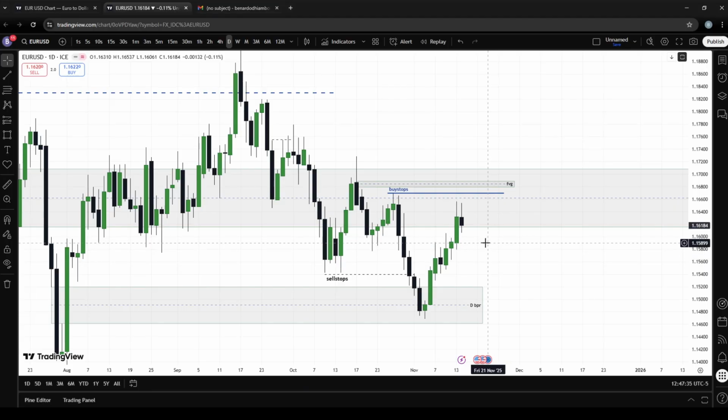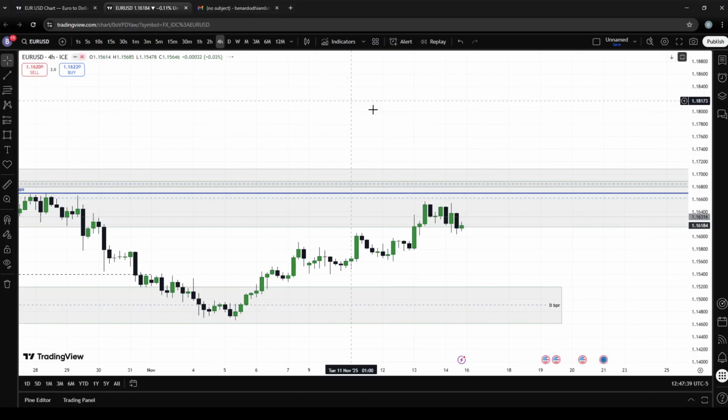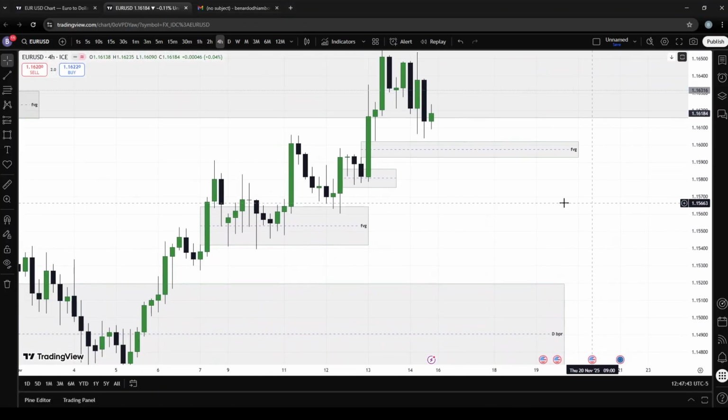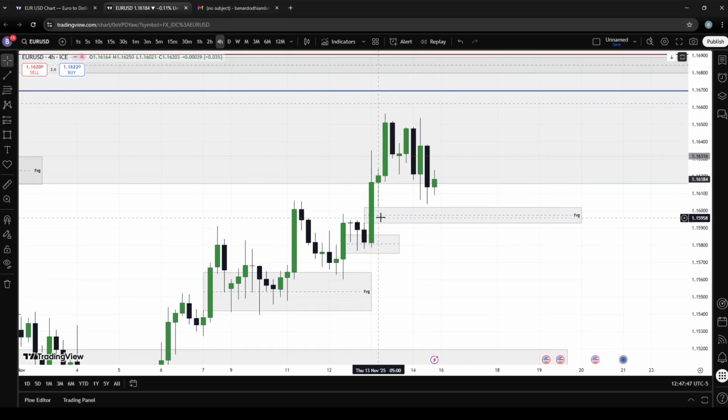So on a 4-hour time frame, what I'm seeing is I have this fair value gap on a 4-hour time frame. This fair value gap will potentially act as our support for higher prices, this being our buy stops.